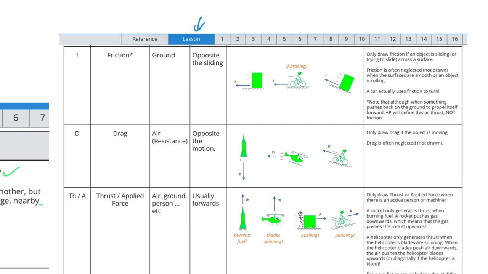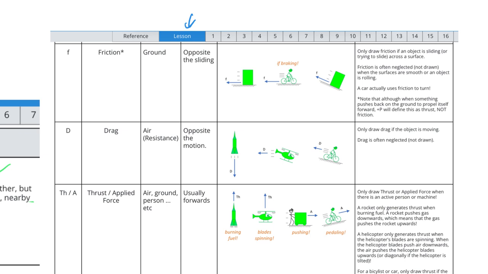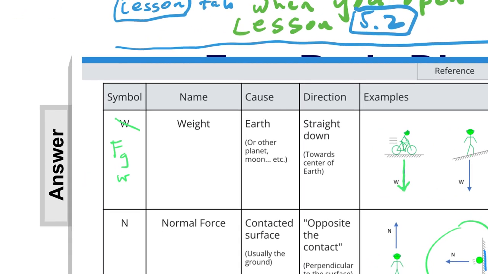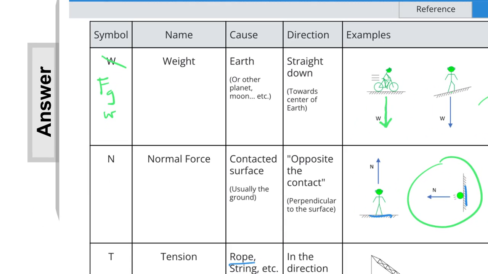But friction always opposes the motion. The symbol for friction is big F subscript F. The symbol for normal force is big F subscript N if you're in Positive Physics.